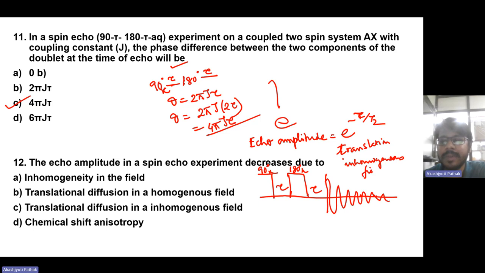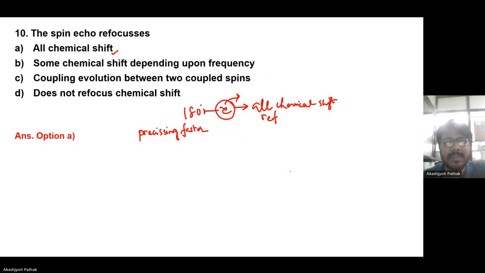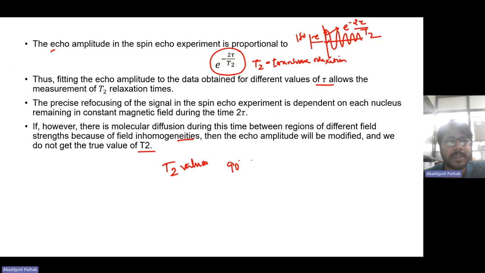In an inhomogeneous field, what will happen? There will be diffusion of the nuclear spins, and hence with time the echo amplitude will decrease. So this was based on this concept.